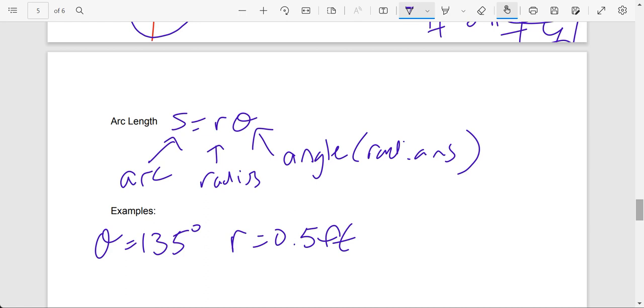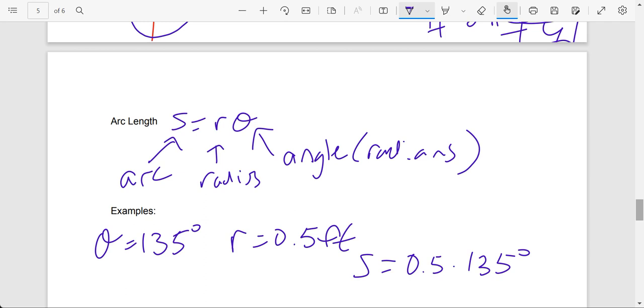So you might be tempted to say S equals 0.5 times 135, and you'll say the answer is 67.5 feet. And you know what I'm going to say? Wrong, wrong, wrong, wrong.